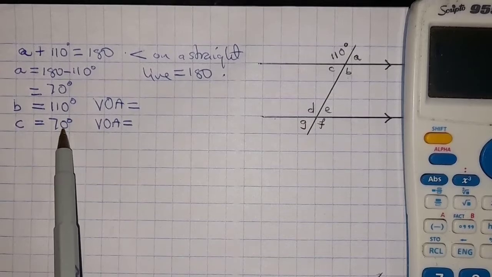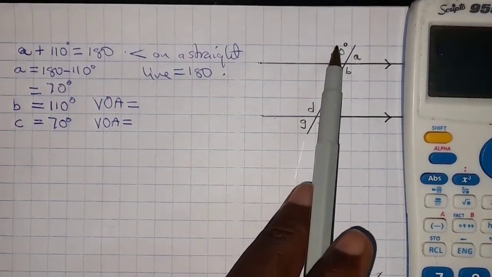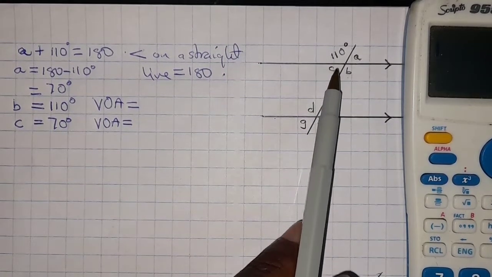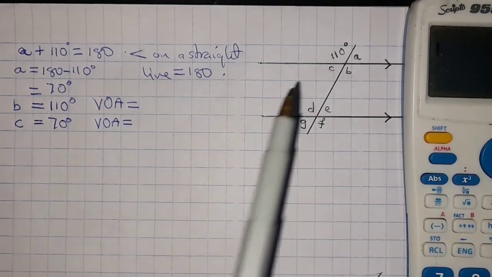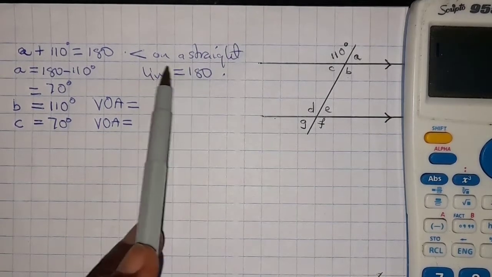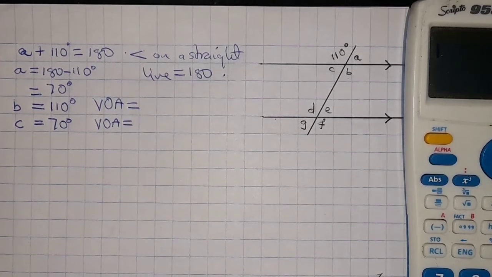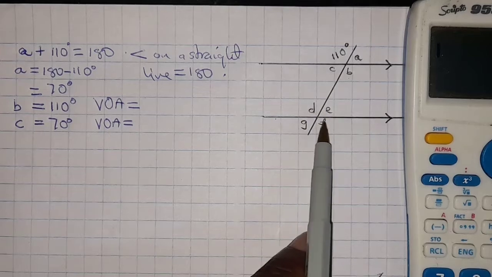We could also say for C, C and 110, these two angles, they are angles on a straight line. So we could say C plus 110 is equal to 180, and the reason will be angles on a straight line add up to 180 degrees.